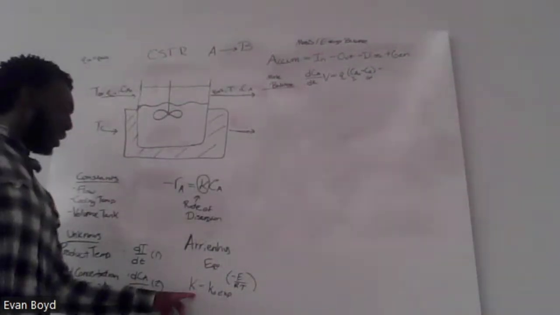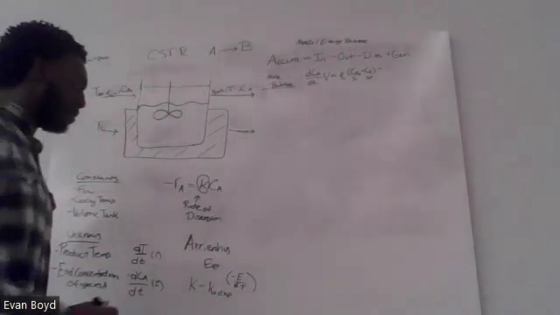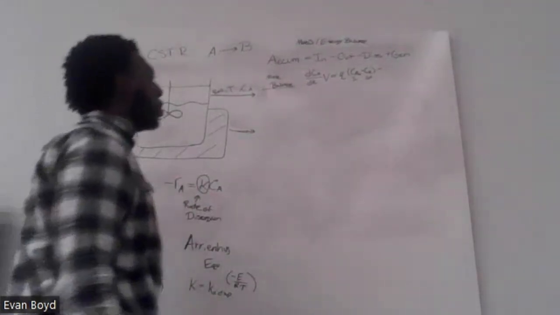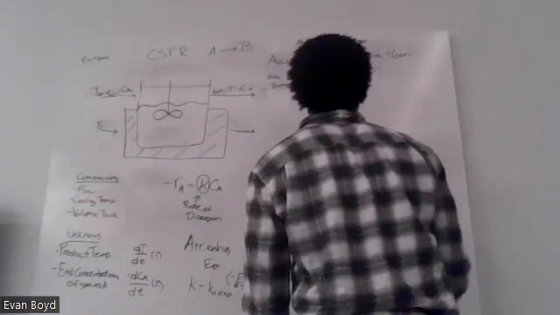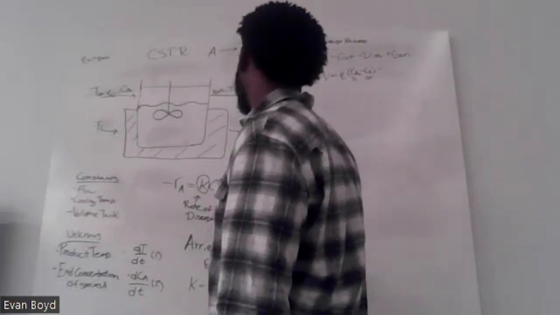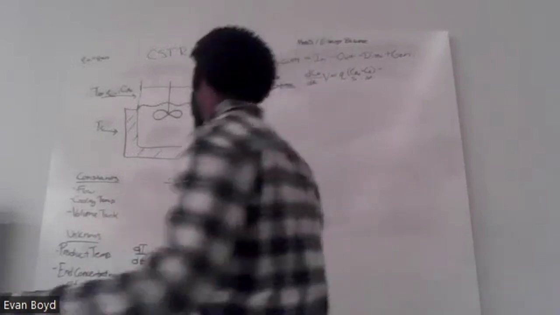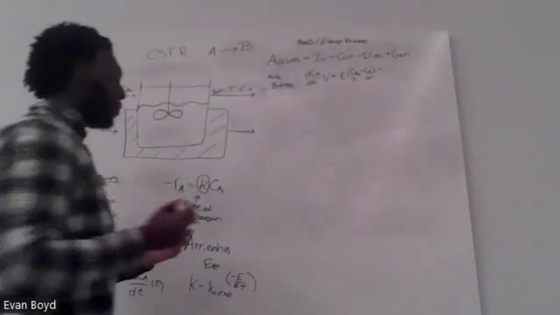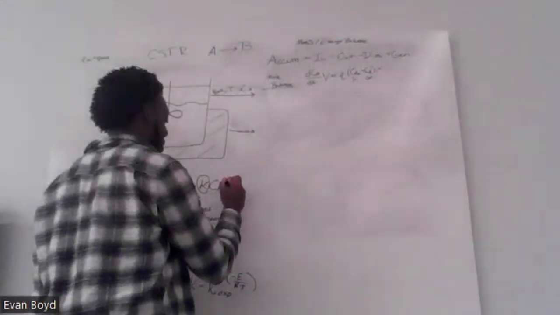So this is what K represents. And then we have our concentration of A, which would be our initial concentration for this. And then we need to multiply this again by the volume.